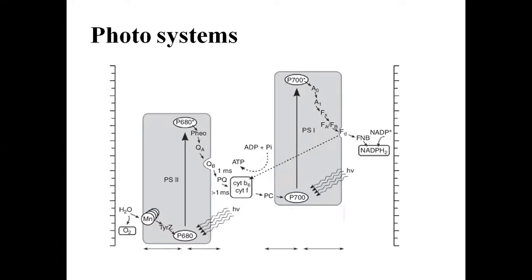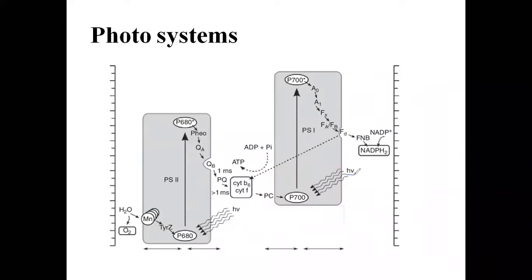See, this is a photon absorbed by the reaction center, right? And this reaction center becomes energetic, means it now has a very negative reduction potential, and now it is a very excellent electron donor.